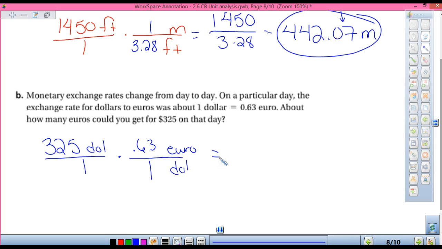Now if they're both on top, what do I have to do? Multiply or divide? Multiply if they're both on top. What do I get?